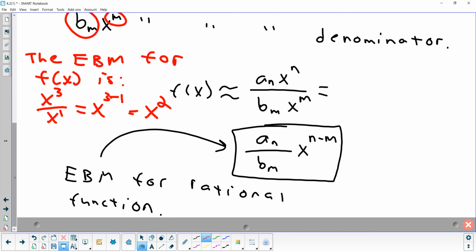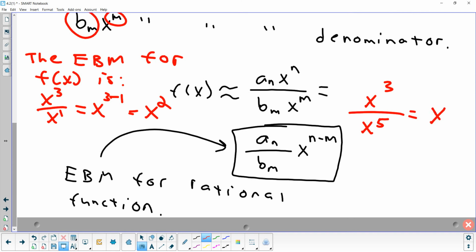Now, what would happen if I had something like this? x cubed divided by x to the 5th. What would be my answer there? Well, Matt? x to the negative 2, yeah.